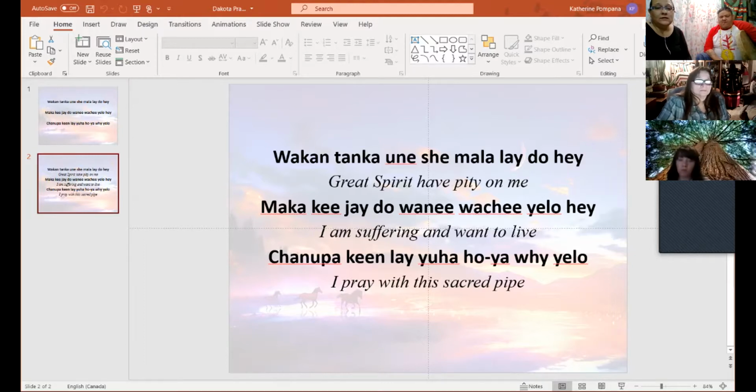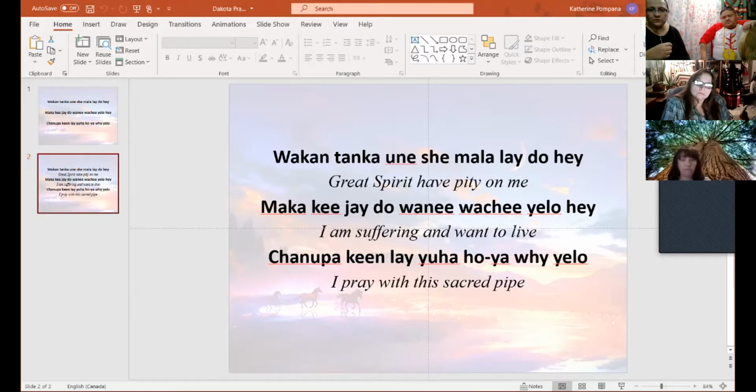And not everybody carries a pipe, and that's fine. That's okay. You can still sing this song. Basically saying that I'm praying with this sacred pipe. Well, what you're putting in that pipe is tobacco. We don't use regular tobacco.